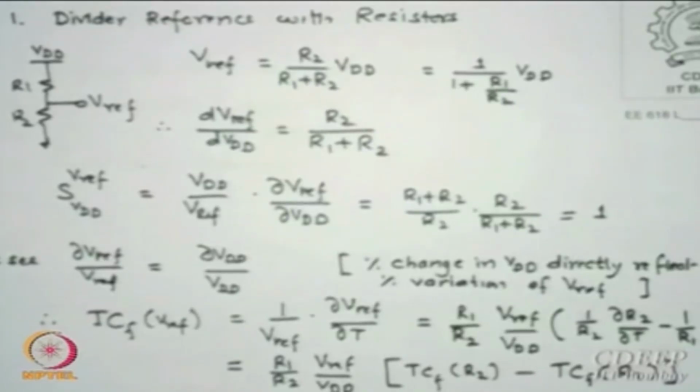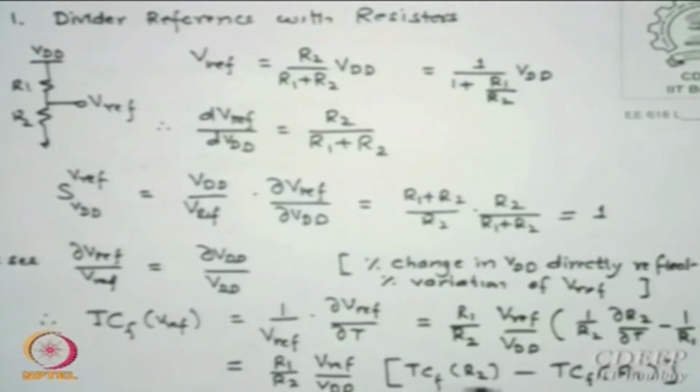If you make the resistors of the same material, the difference will be smaller, because this 1 upon R term still comes. dR by dT may be the same, but the 1 upon R values are different, so these are not equal. Is that point clear? Otherwise you may wonder why I am putting it, because 1 upon R dR by dT will be the same for the same material, but the 1 upon R's are different, so these two values may have a difference.